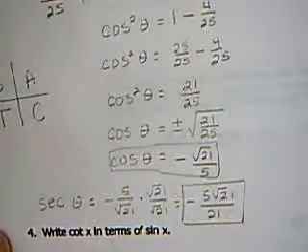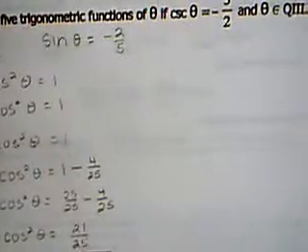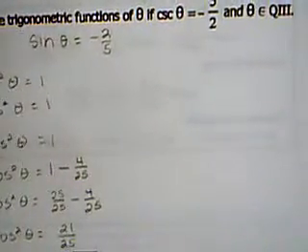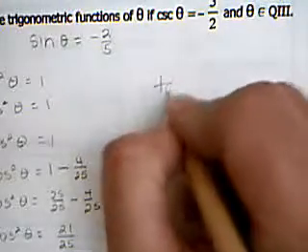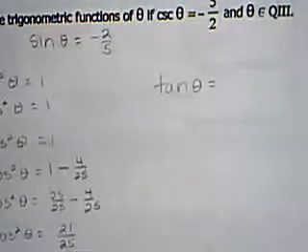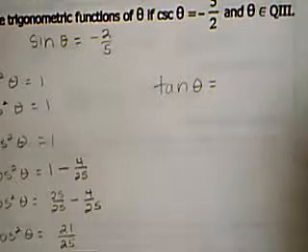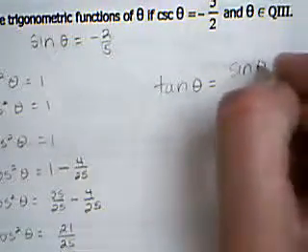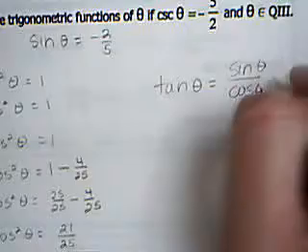And then all we have left is tangent and cotangent. So I'm just going to move over, use one of our quotient identities. Tangent of theta is equal to the sine of theta over the cosine of theta.